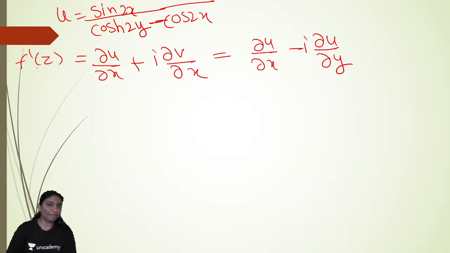Okay. So you will get f dash of z is equal to here del u by del x.